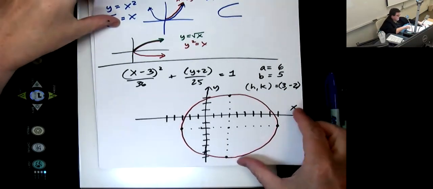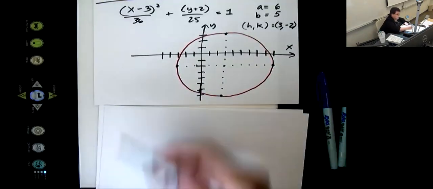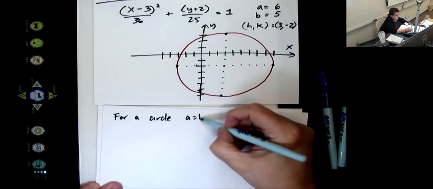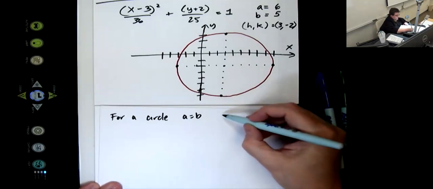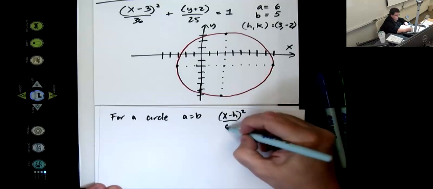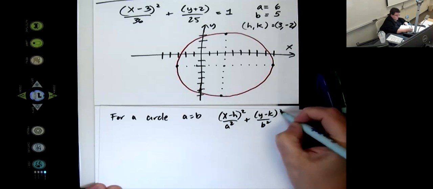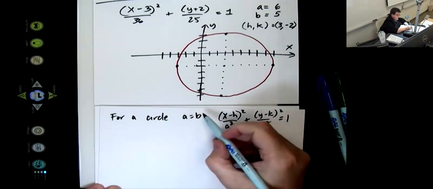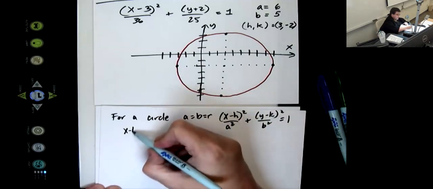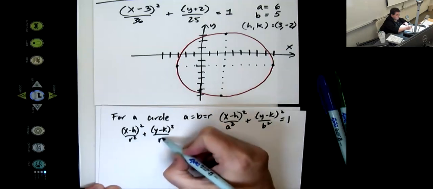The circle, A equals B. And so then you have x minus h squared over a squared plus y minus k squared over b squared equals 1. A equals b and it equals r, the radius. This turns into x minus h squared over r squared plus y minus k squared over r squared equals 1.